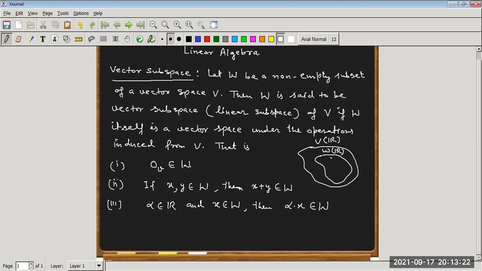First, 0V belongs to W. If x and y belong to W, then x plus y is also in W. If we take any scalar from the field, then alpha dot x must be in W.